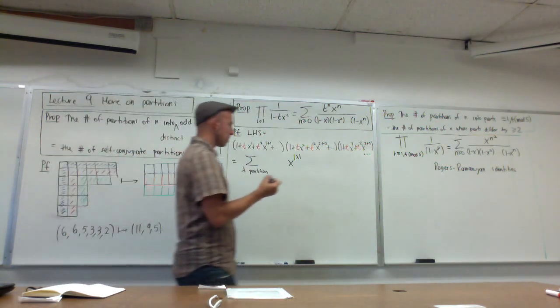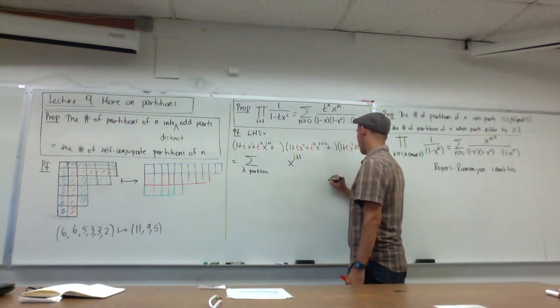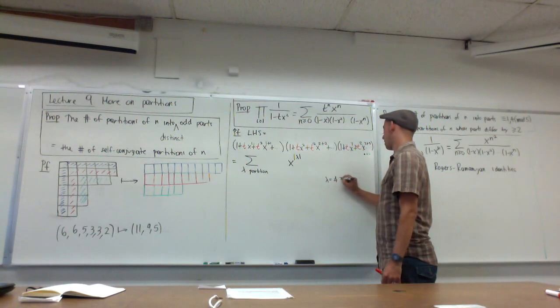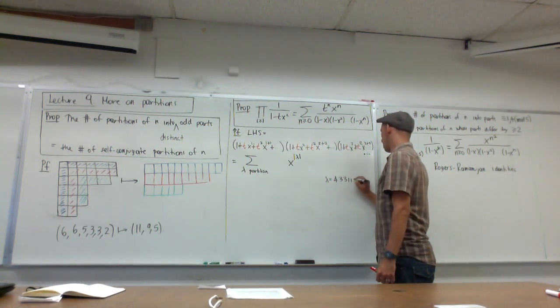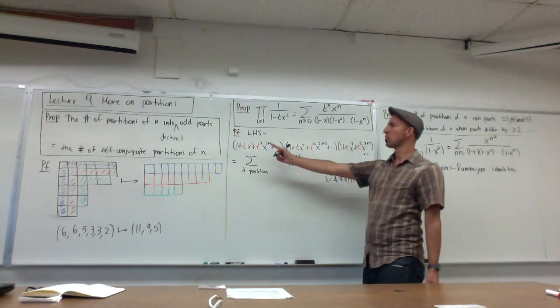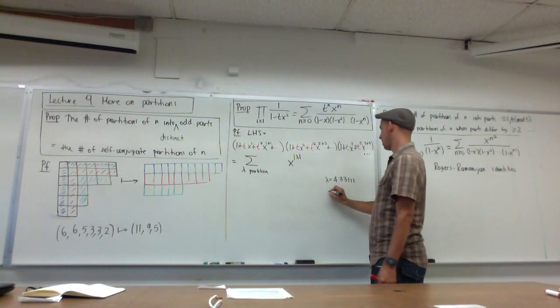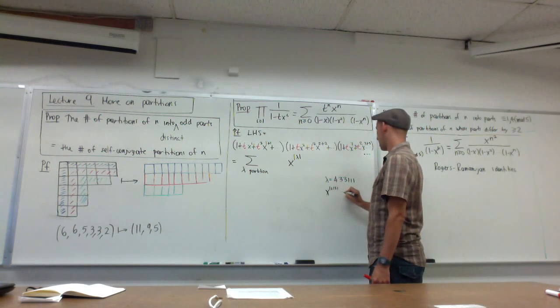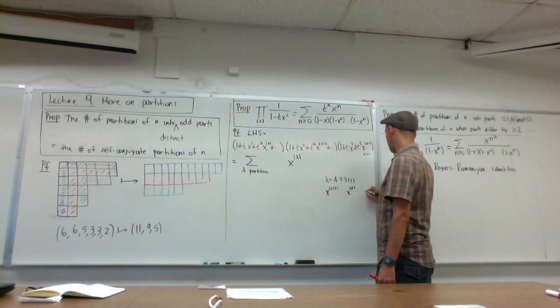Because again, remember that if lambda is the partition 4, 3, 3, 1, 1, 1, then it contributes one term here, which is x to the 1 plus 1 plus 1 times x to the 3 plus 3 times x to the 4th.